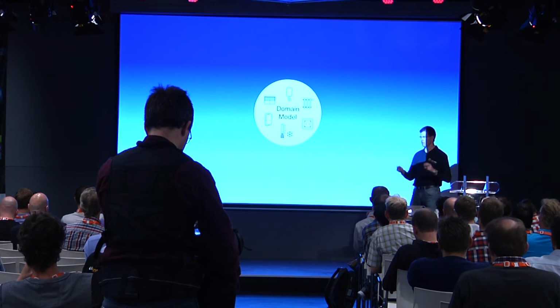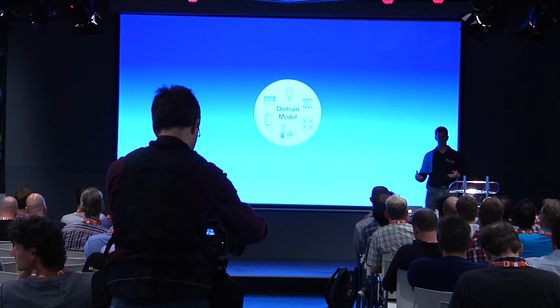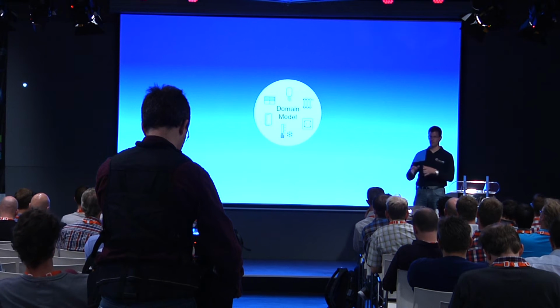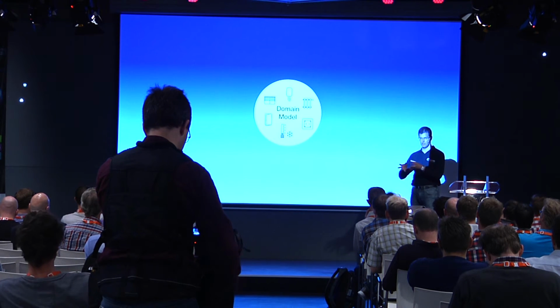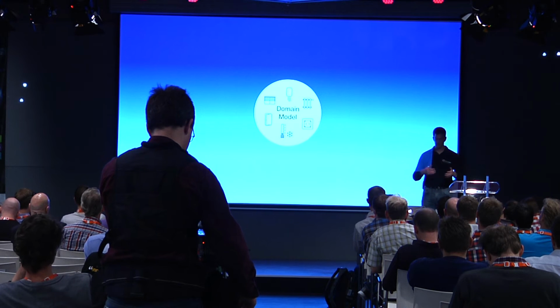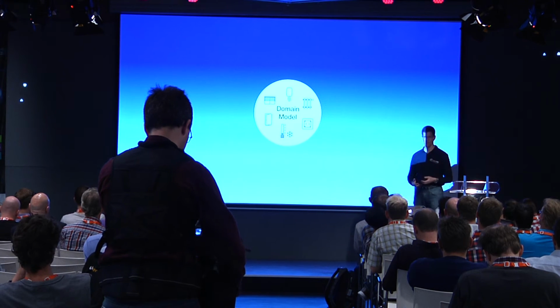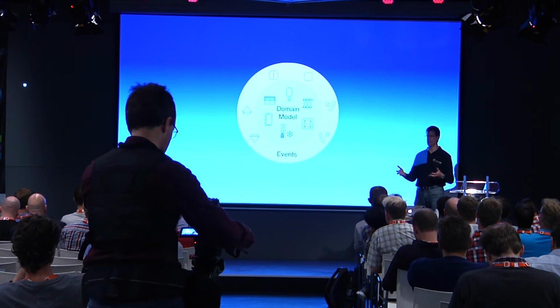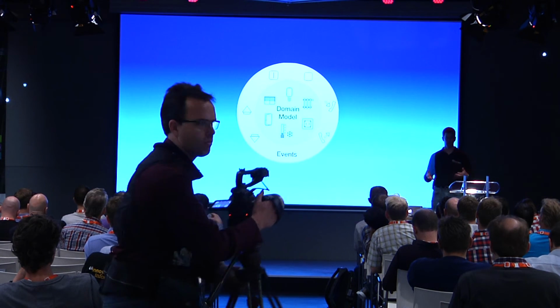Now, when I talk about a set of bundles with functionality, what exactly is in there? Well, Eclipse SmartHome, first of all, describes a simple domain model for stuff inside your home. And for this domain model, it defines events. So eventing is really one of the core concepts.